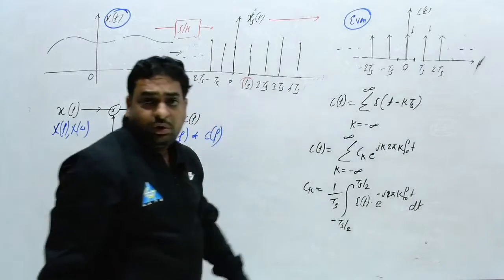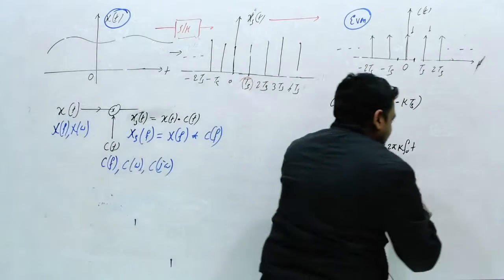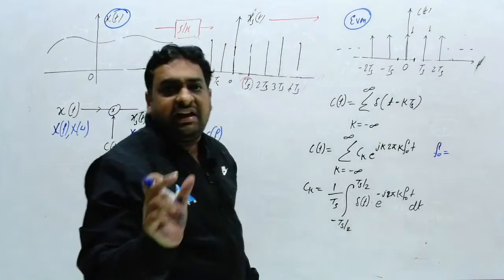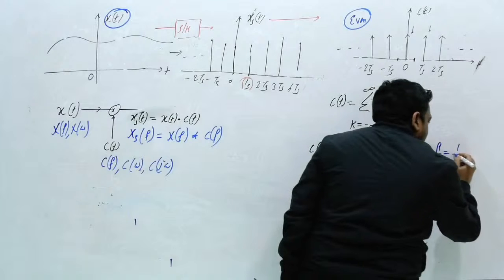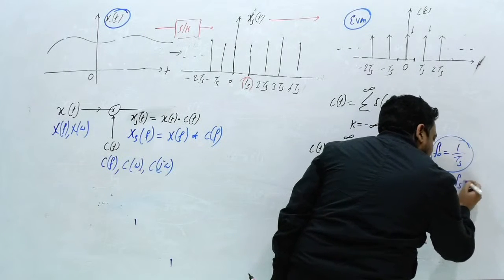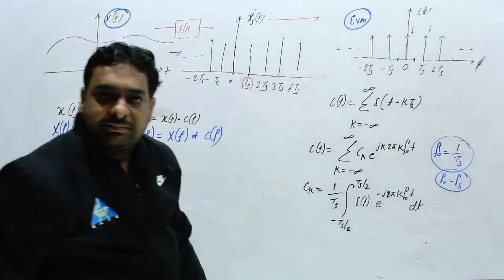Can I write? What will be the f naught here? What is the time period of this? You can say Ts. So f naught will be 1 upon Ts. Or f naught you can say the sampling frequency fs. So just replace f naught with fs.